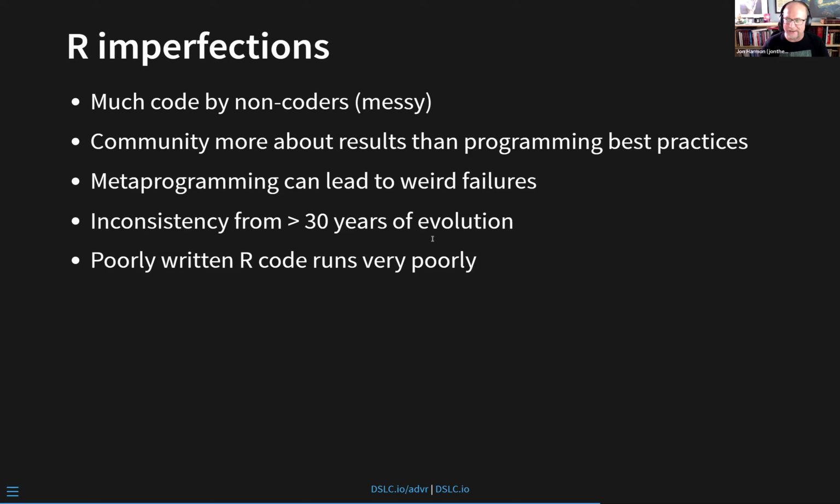R is equally able to be as fast as something like Python. It's just if it's written poorly, it will run slow. It's actually less and less true. A lot of base R has gotten some improvements, even since this book came out, that deal with some of the things that used to happen. But it still can be pretty slow.